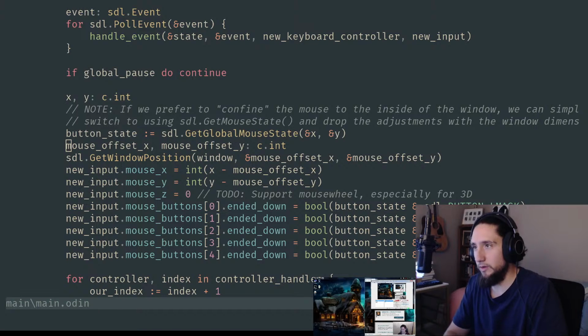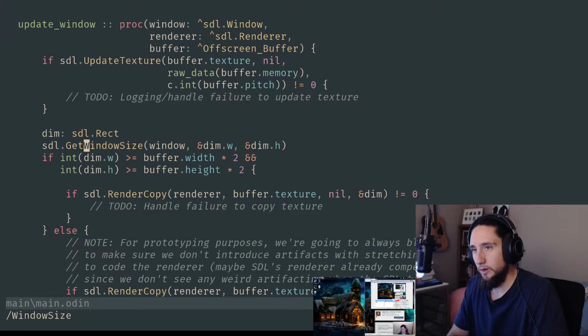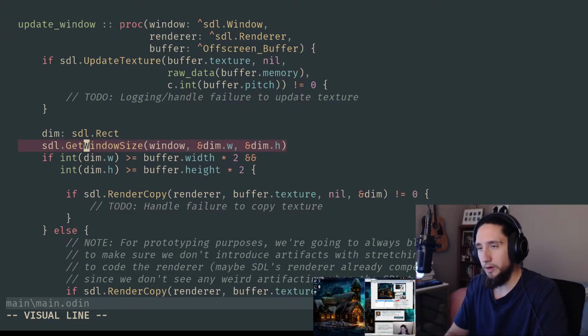I had originally implemented this get window dimension proc, and it was calling this get window position proc from the STL library along with get window size over here, and one gets the position of the window in the monitor, or the offset X and Y, and that's get window position.